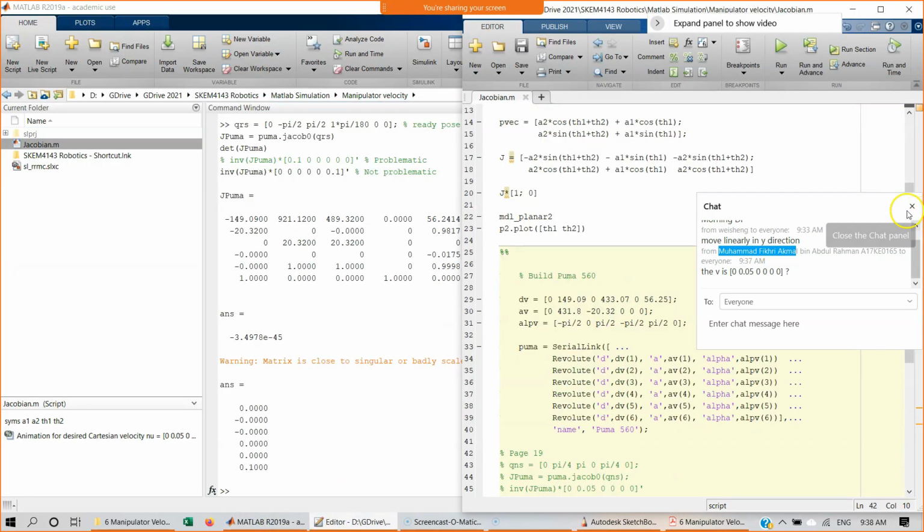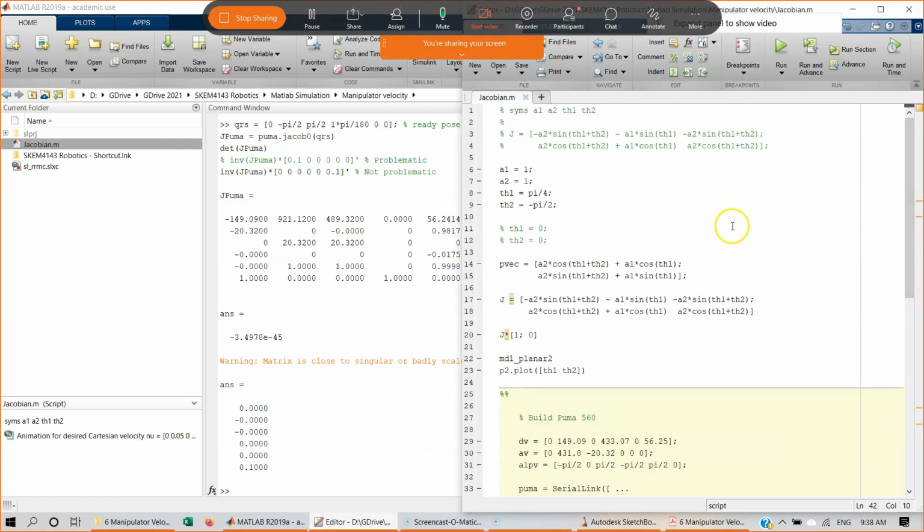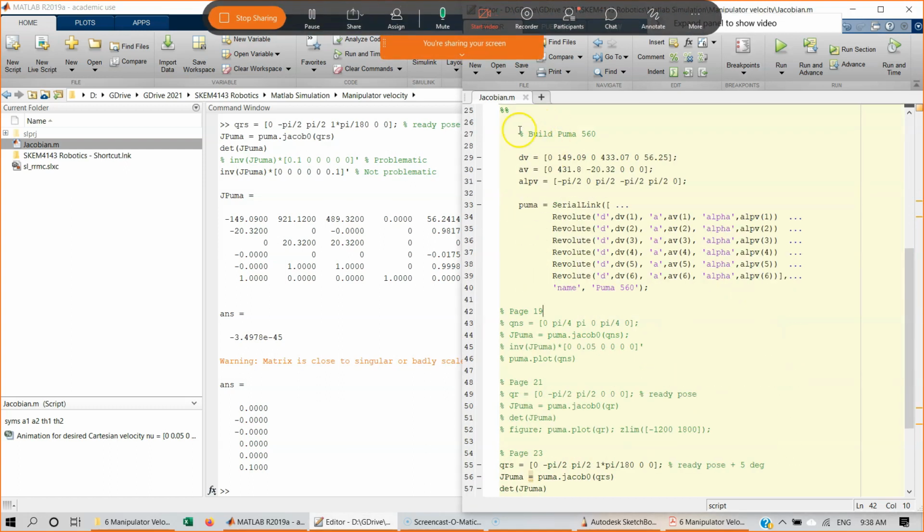So in MATLAB, of course, in the toolbox that I asked you to download and install, it has its own Puma 560, but with a different DH parameter because they use a slightly different convention. So in order to tally with our chapter 4 and so on, I had to build my own Puma 560.